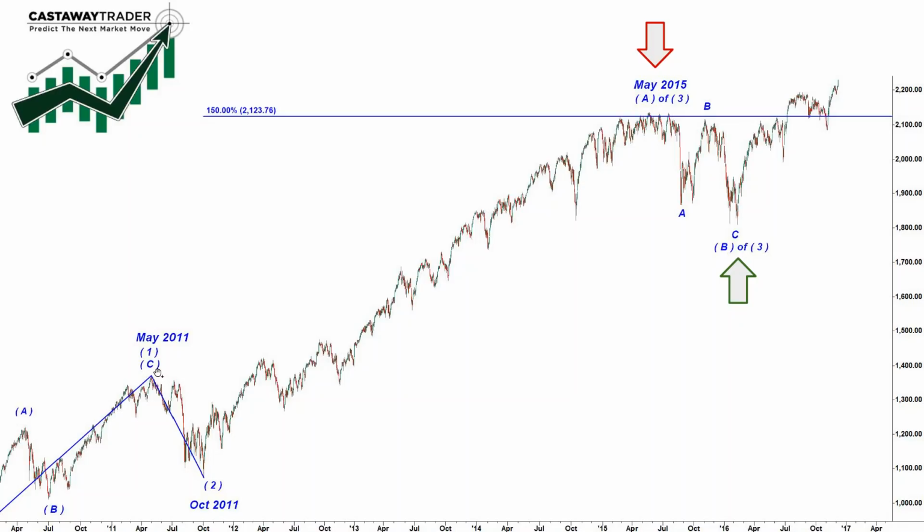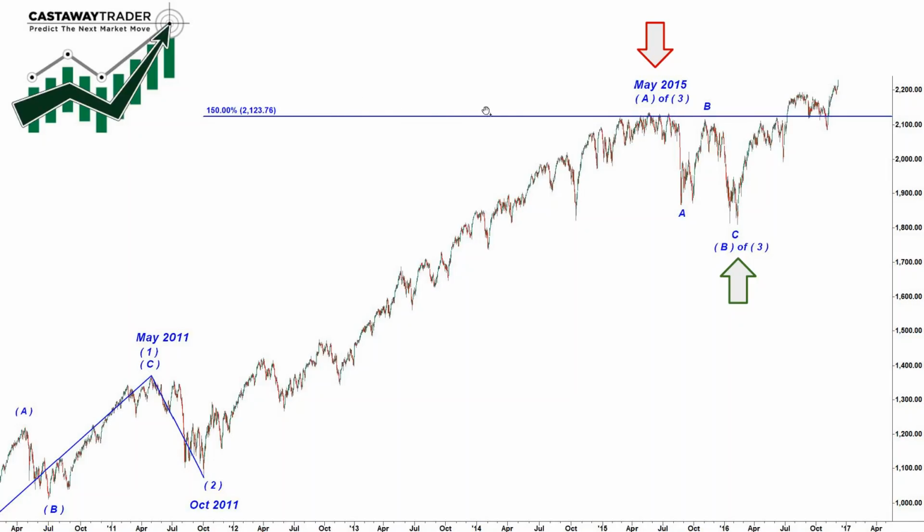You can see that wave 1 topped in May 2011, followed by an ugly corrective structure, which we count as wave parenthesis 2 down, bottomed in October 2011, and a really strong rally, which stretched to the 150% extension of wave 1 projected from the top of wave 2 down.